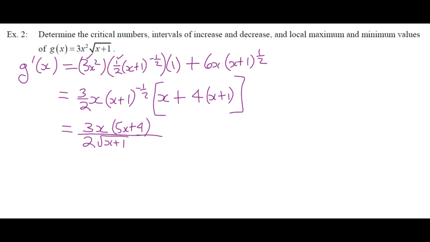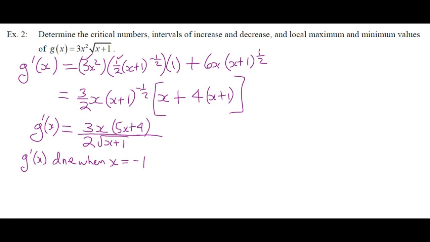All right, so that's step one, right? g prime of x. So when doesn't that exist? When x is -1, right? Because then we'll end up with the square root of 0, and nothing good can come from that. So g prime of x does not exist when x is -1.